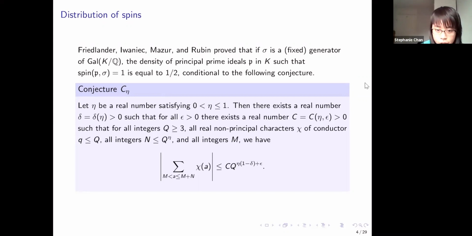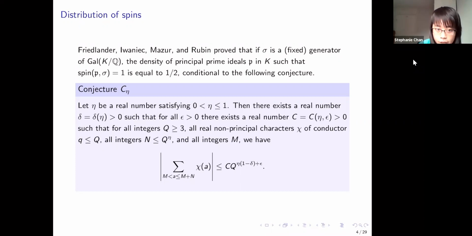This conjecture is about power saving when you sum over chi A over A, where you take an interval that is shorter than the conductor of the character chi itself.